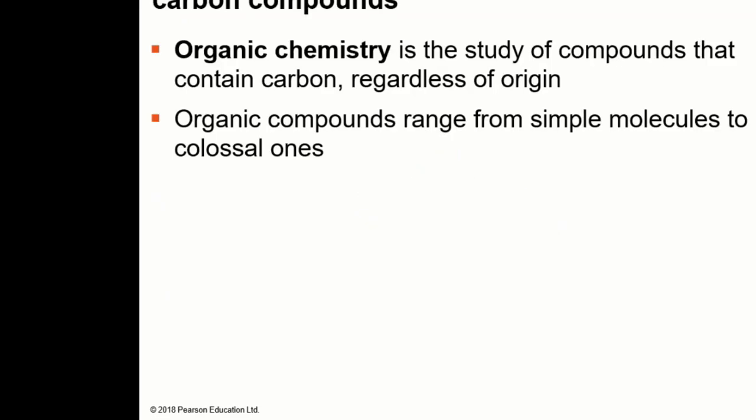Organic chemistry is the study of carbon compounds. In terms of terminology, this is one of the concepts that you should look up. It is the study of compounds that contain carbon regardless of origin.